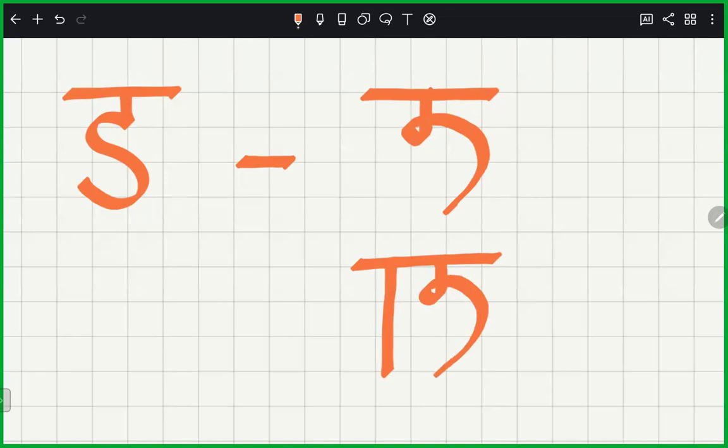Correct? Can you see the difference between the letters? One is very clear, this vertical stroke that is missing. There is one more difference if you can figure it out. The other difference is when I'm making this na, this curve of na, I'm getting it all the way down. Correct? Now imagine a central axis here.